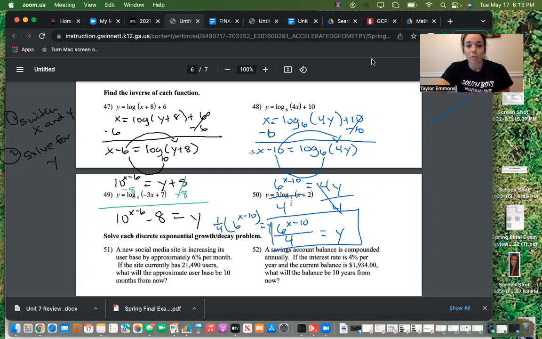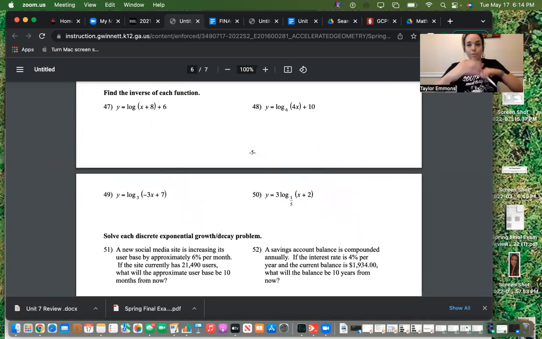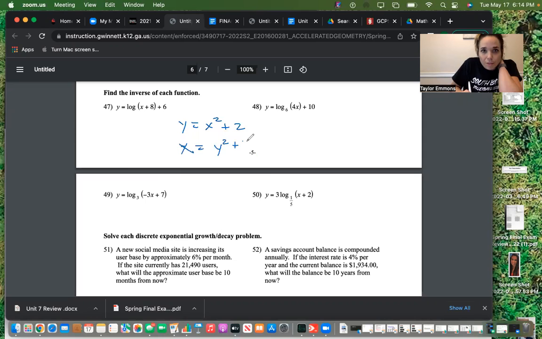I want to talk about inverse functions that aren't necessarily logs or exponentials. An example would be y equals x squared plus 2. The first thing we would do to find the inverse is switch our x and y, so this would be x equals y squared plus 2.